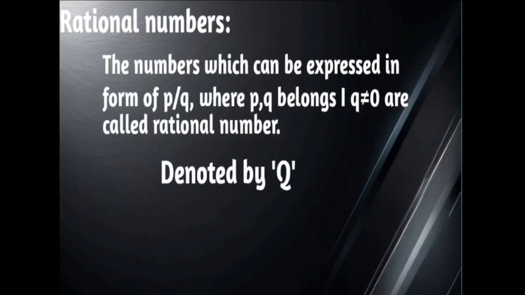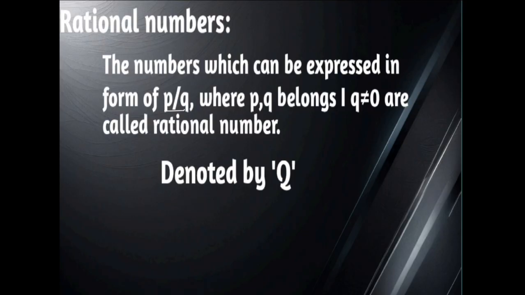Okay, next let us see rational numbers. Rational numbers are the numbers which can be expressed in the form of p by q, where p and q belong to I. I means integers. Integers means any numbers, positive and negative, and q not equal to 0.